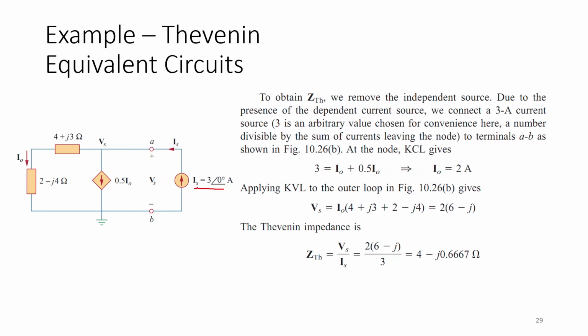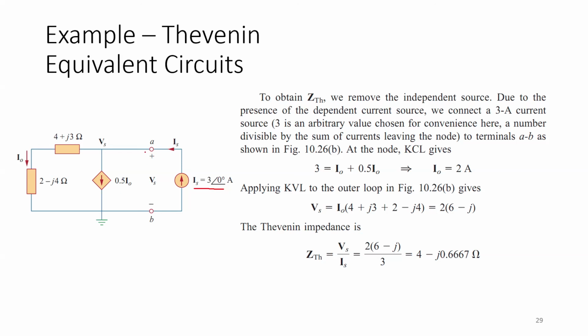So now for this case we have connected a 3 angle 0 ampere source at the terminals where we need to find the Thevenin equivalent impedance. Well, now what we do is we are trying to get the Thevenin equivalent impedance, and the style of getting this is that we find the current flowing into the circuit at this terminal and the voltage across these terminals.